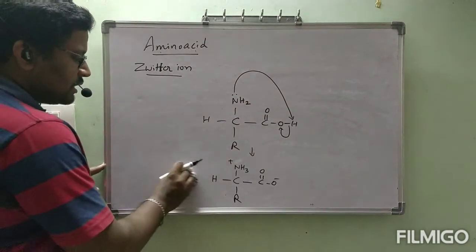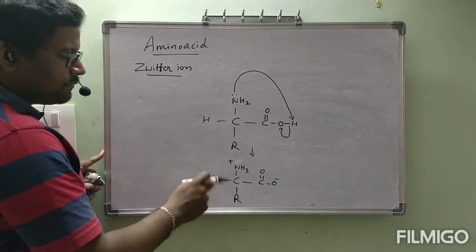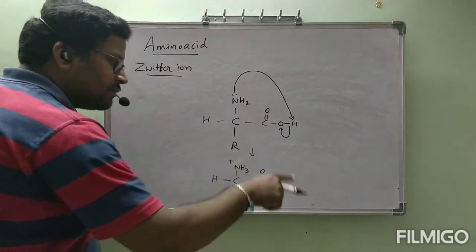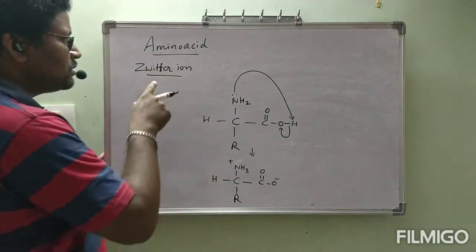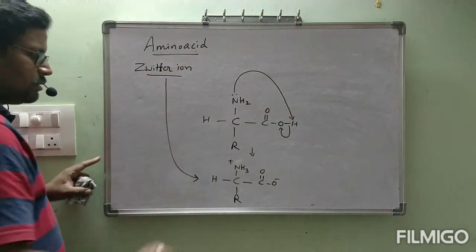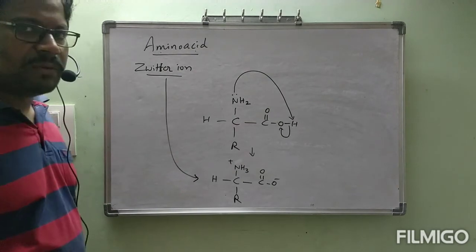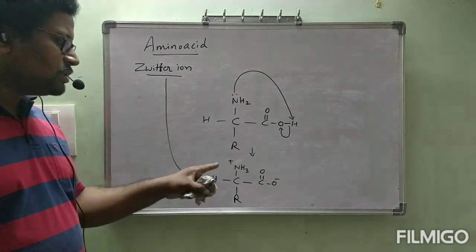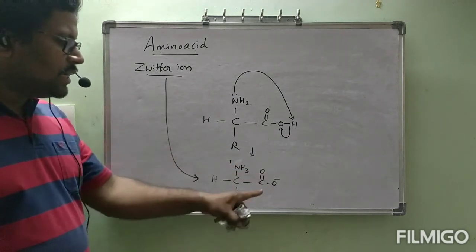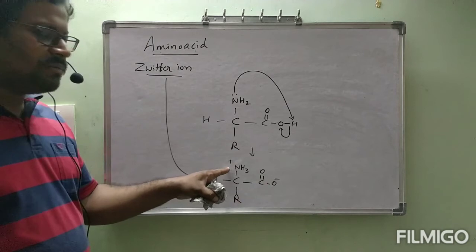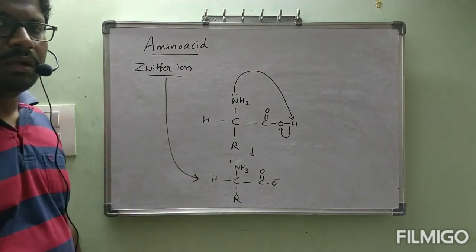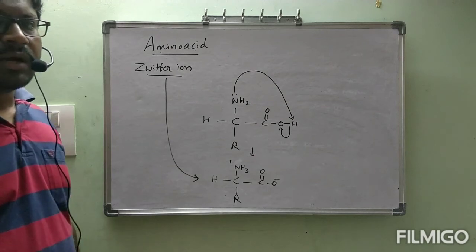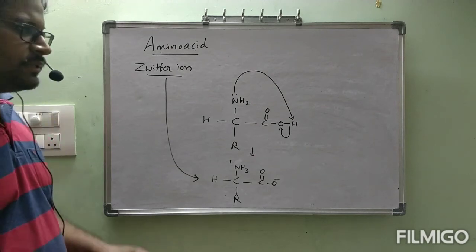Like a salt, this is the ionic form of the amino acid in aqueous solution. The ionic form of an amino acid in aqueous solution is called zwitterion. It contains both a positive charge and a negative charge. Okay, the negative charge is COO minus and NH3 plus is here. Okay, this is about zwitterion. Next, now we will see what about the protein. Let us see.